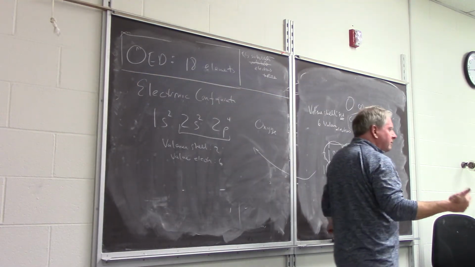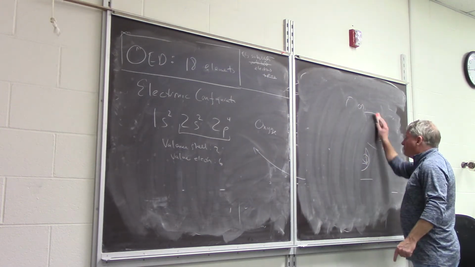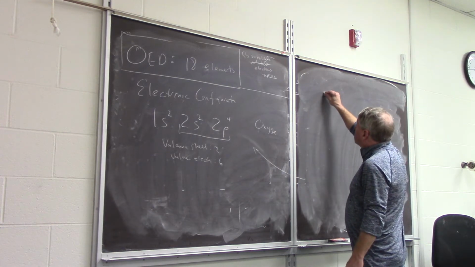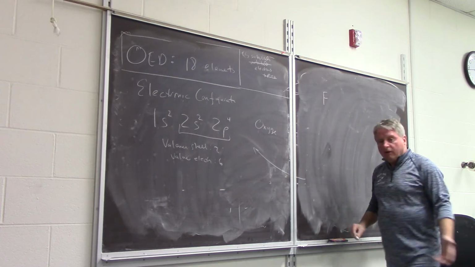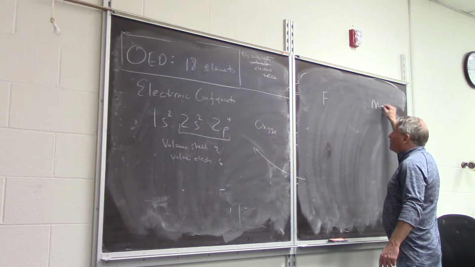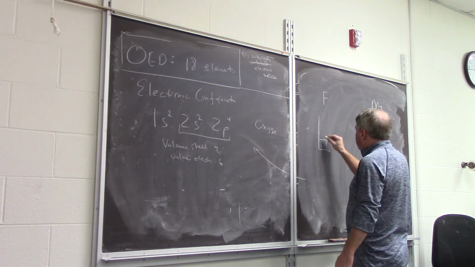Okay, so now let's look back at the other ones you did. So let's do fluorine, which you did already, and magnesium. You guys have it written out already, so I'm gonna redraw it.